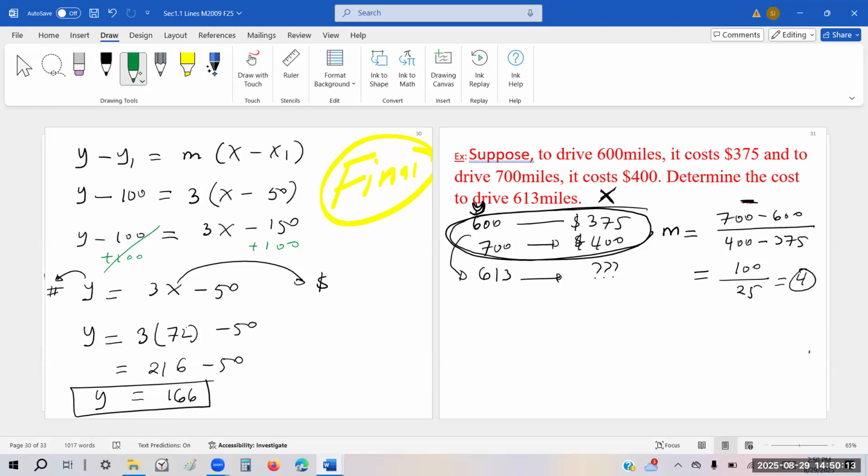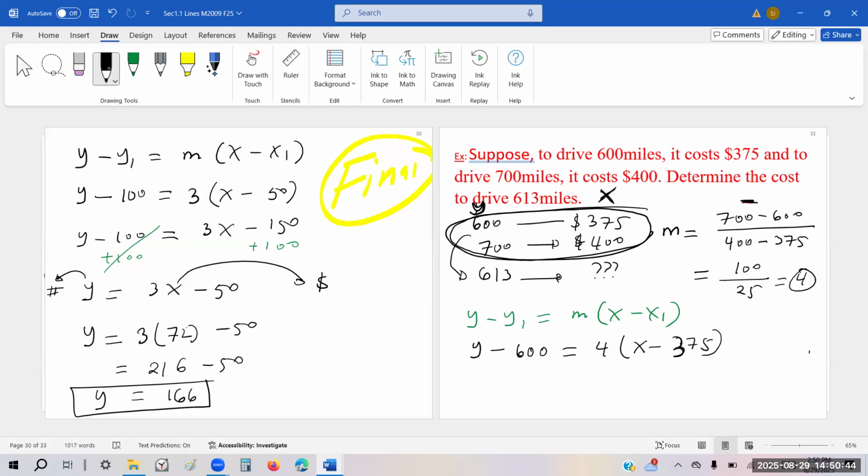So y minus y1 equals slope times x minus x1. Y minus 600 equals 4 times x minus 375.